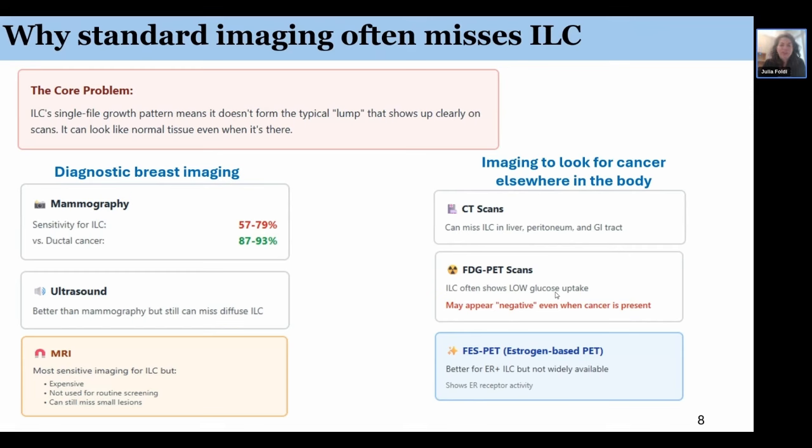On the right side, we have CT scans, which often miss ILC in the liver and in the GI tract. And I already showed you an example of a glucose-based FDG PET scan, which often does not show ILC tumors because they have low glucose uptake. And then I gave a little bit of an introduction to the estrogen-based PET scan, FES PET, which is better for ER-positive ILC, but not widely available still.